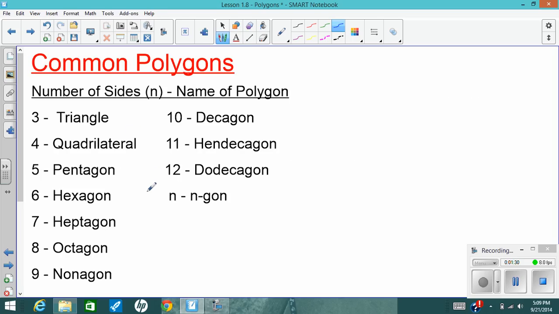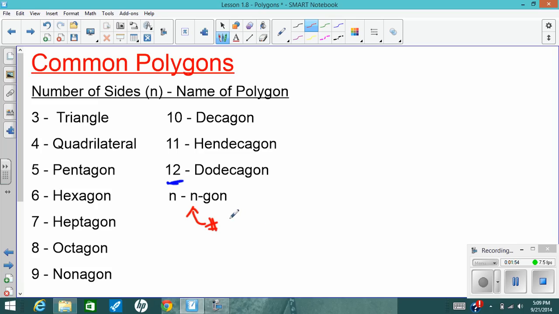Here are some of the common polygons you're going to be asked to know the names of. Some of them should look familiar, some of them maybe not. And we go up to 12 sides, which is a dodecagon. And this n-gon stands for any other type of polygon that we don't have a specific name for. So n actually represents the number of sides.